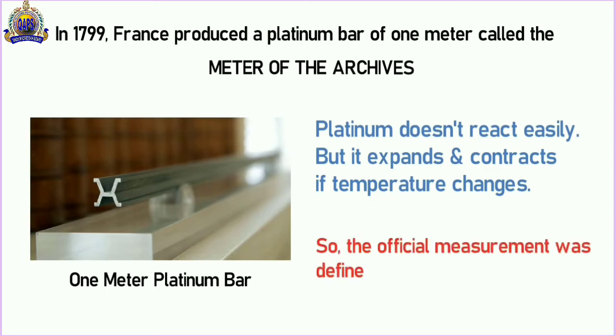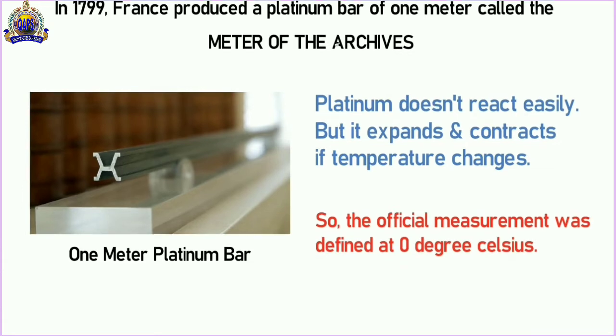Iridium was also used with the platinum to make the bars and the copies of the bars of 1 meter. These were sent to other countries and were used officially there.